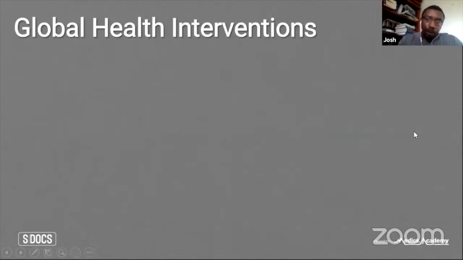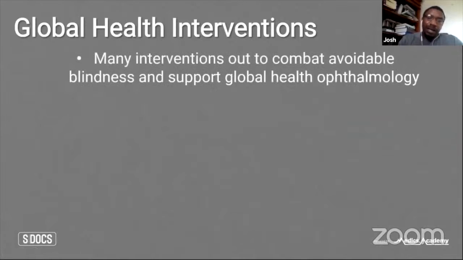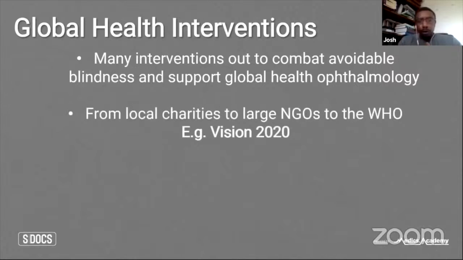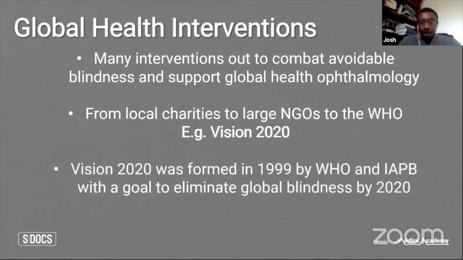We'll briefly touch on global health interventions. There are many interventions out there to combat avoidable blindness and support global health ophthalmology, from local charities to large non-governmental organizations to the World Health Organization itself, which is involved in an initiative called Vision 2020. This was formed in 1999 by WHO and IAPB, as previously mentioned, with a goal to eliminate global blindness by 2020.